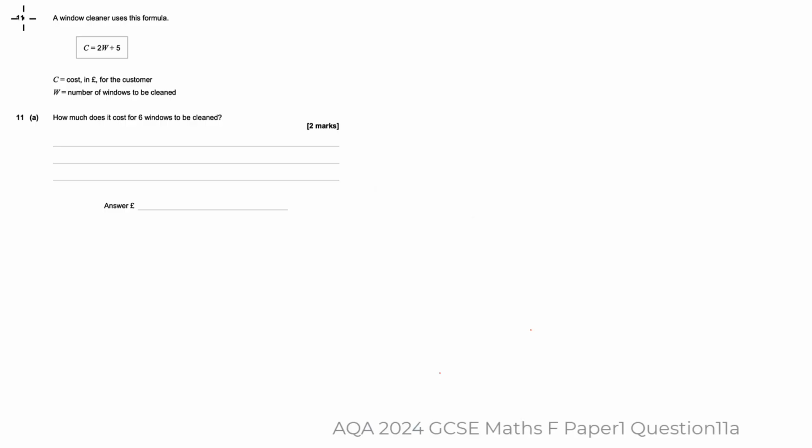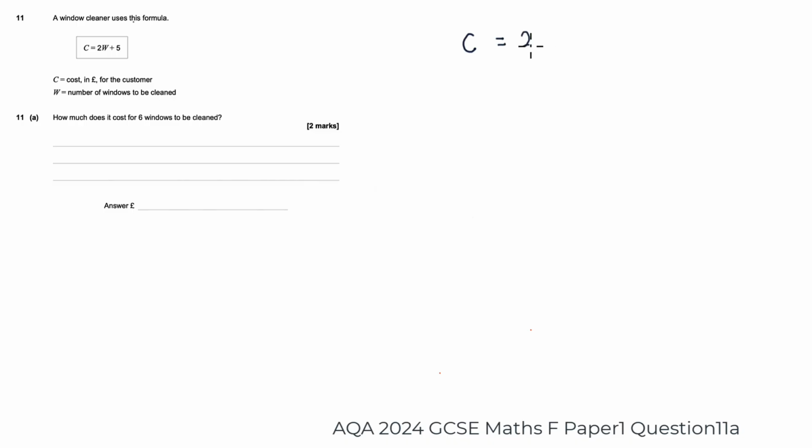Well, here's question 11. And we've got a window cleaner who uses this formula to calculate the cost when he cleans his customers' windows. We're told that C is the cost that he's going to charge the customer.